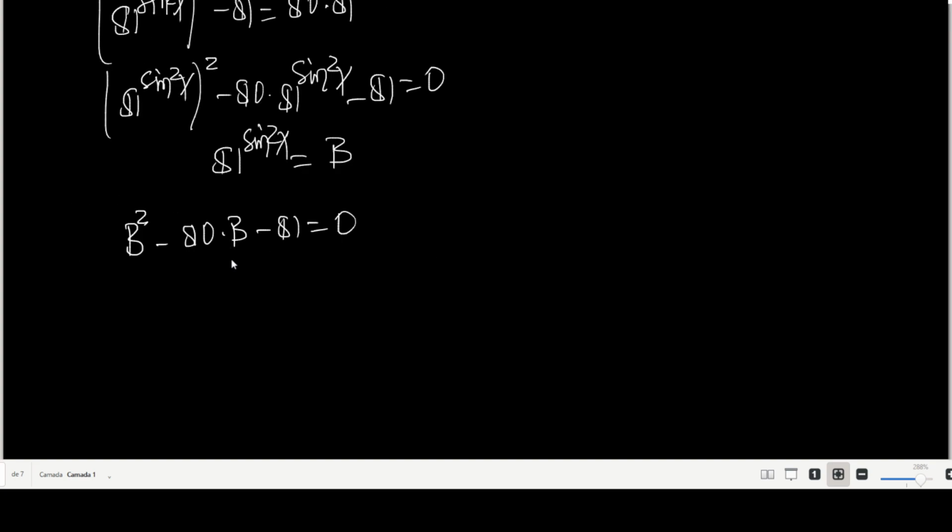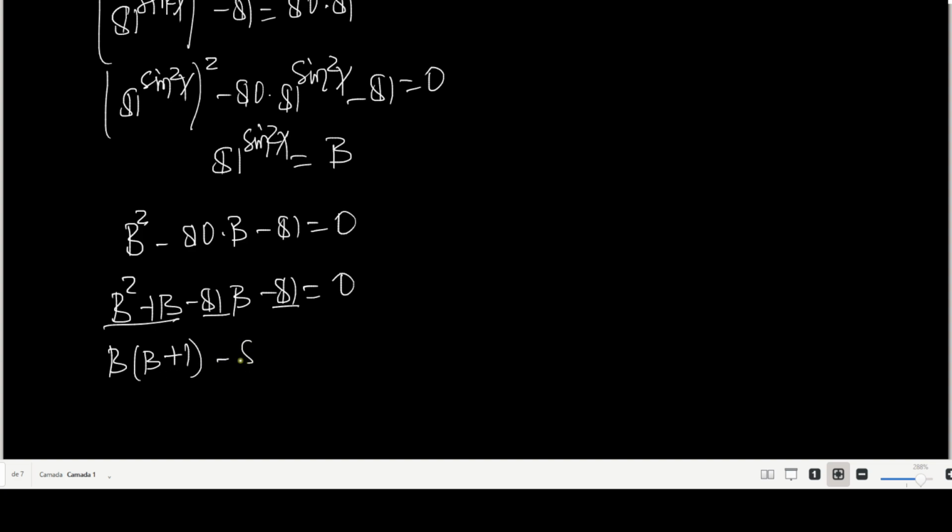You can choose the right way for you to solve. I'm going to factorize this. We have b squared plus b minus 81b minus 81 equals 0. Taking b out of the brackets, it's b times b plus 1, and minus 81 times b plus 1 equals 0.